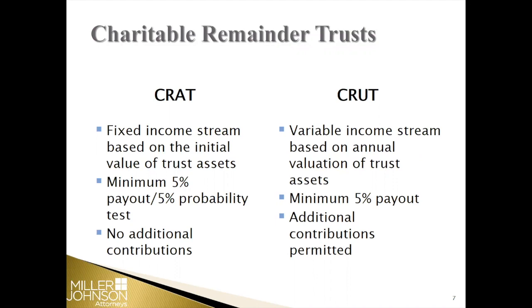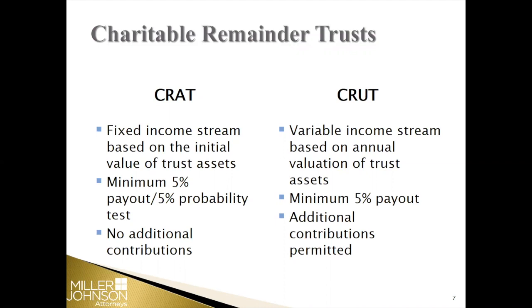They want to make sure that there is a charitable gift remaining for the charity at the end of the term, and they also want to make sure that the life income beneficiary will receive that fixed annuity stream. And that's why that 5% exhaustion test is set forth. It is to make sure that those assets are there, both for the charity and the lifetime income beneficiary.